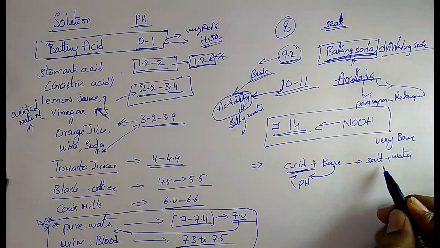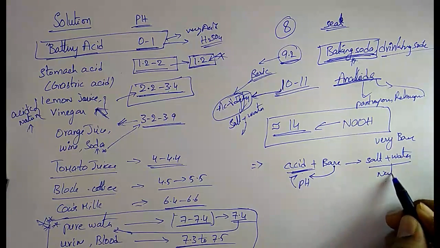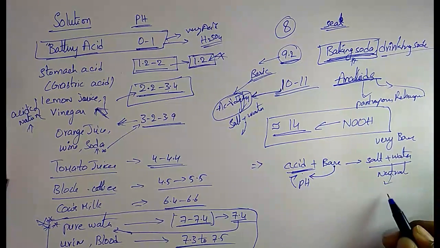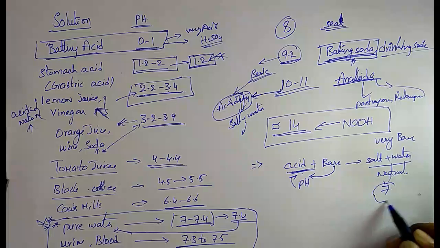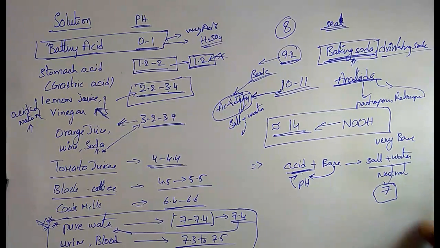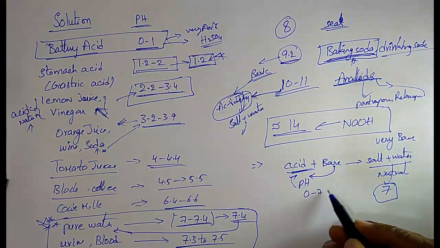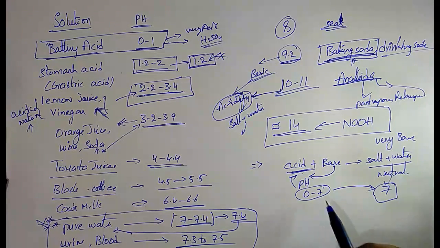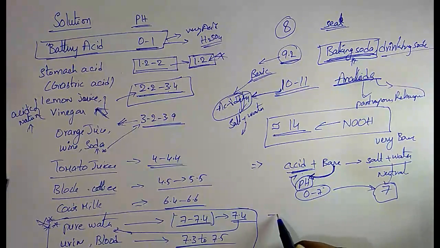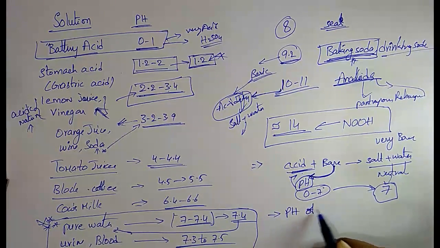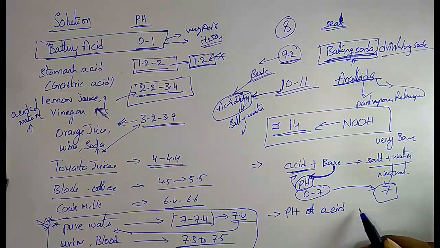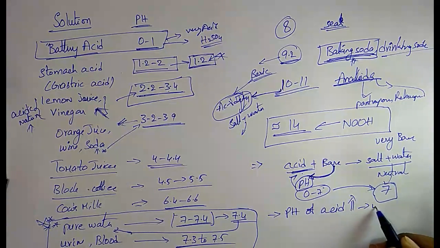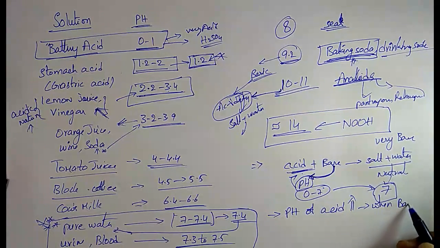Salt plus water means it will be neutralized, that is neutral, for which the pH value is 7. We know that the acid pH values are 0 to 7. If it increases to 7, the pH value increases when base is added to acid. So the pH of an acid increases when base is added to it.